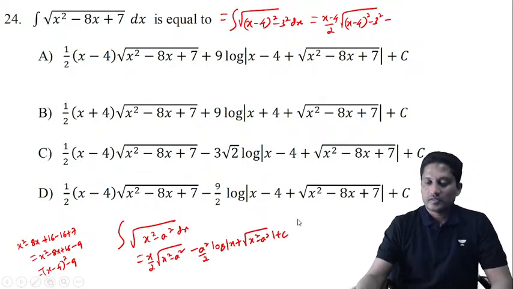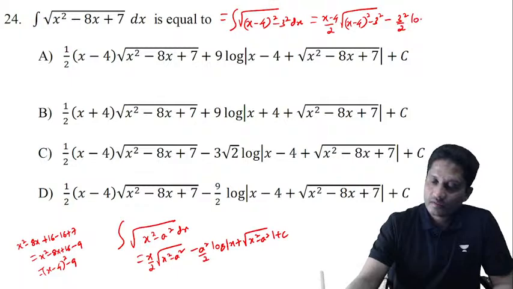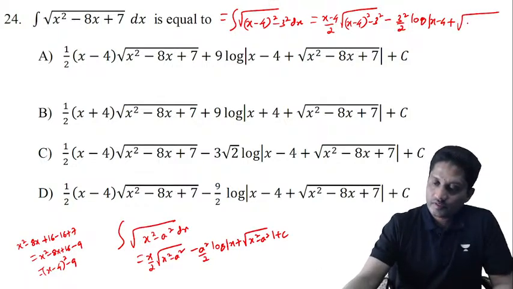This is the formula, right? So x by 2 into root of x square minus a square, minus a square by 2, that is 3 square by 2, log of x plus root of x square minus a square and plus c.